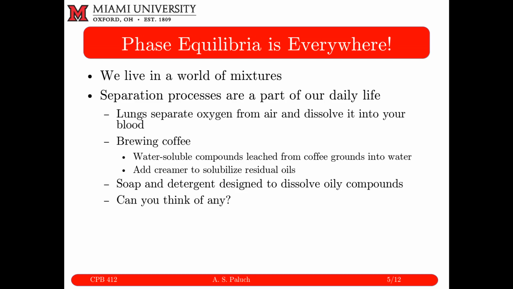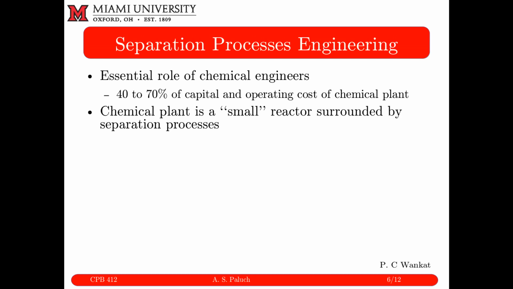There are many other applications you can think about. From an industrial standpoint, 40 to 70% of the capital and operating costs of a chemical plant is separations. So if you graduate and go to a traditional chemical engineering job, separations are a major capital and operating cost of your job.